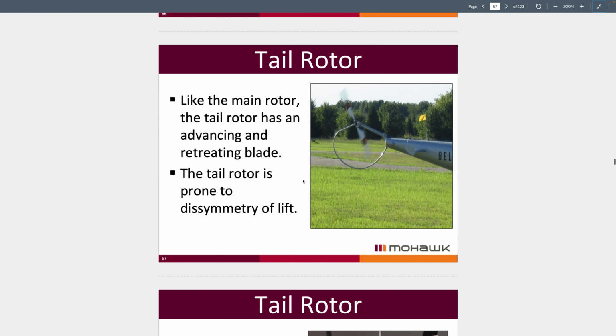The same issues that plague a main rotor system with regards to the advancing blade producing more lift than the retreating blade. Mind you, every blade is at one point or another going to be the advancing blade and also going to be the retreating blade at another time. But the advancing half of the rotor disc, if the helicopter is in forward flight, is this.